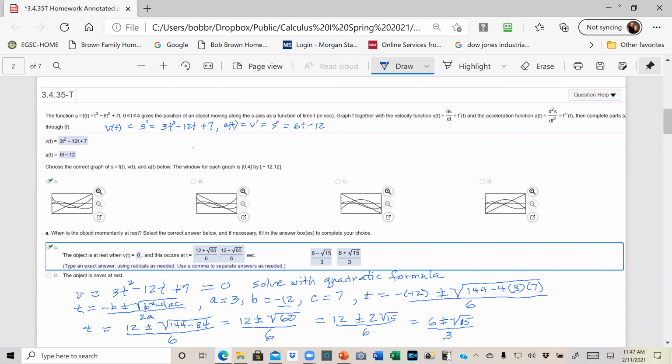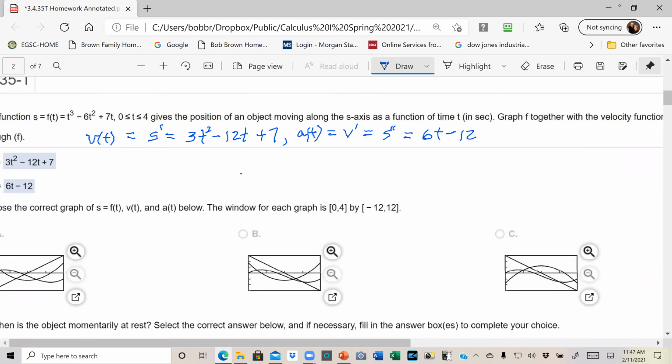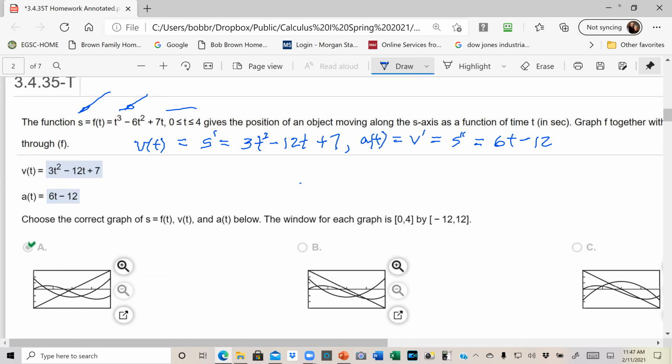Now the problem, we're given the position, where the S is a polynomial of third degree, and we're looking at it between t equals 0 and 4, and it wants us to calculate the velocity and the acceleration.